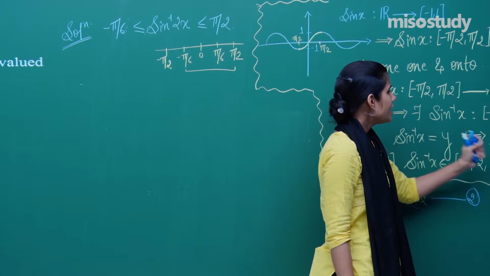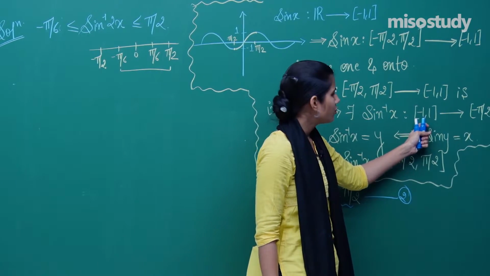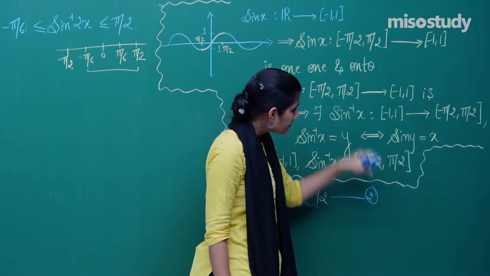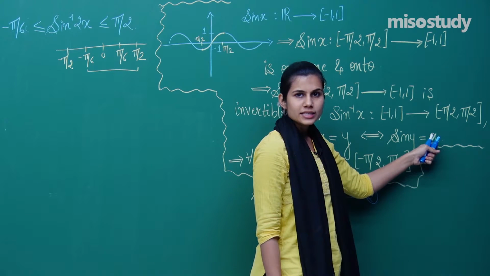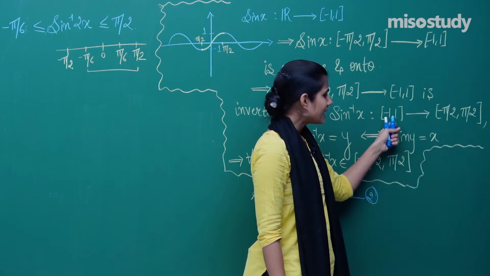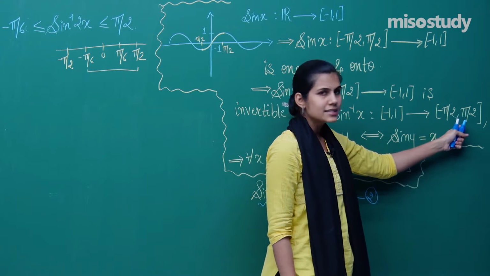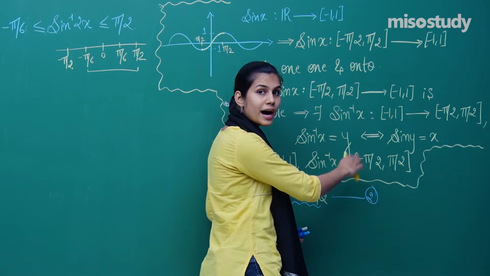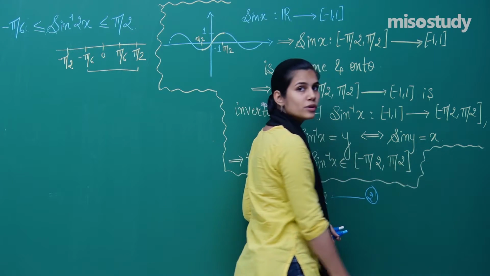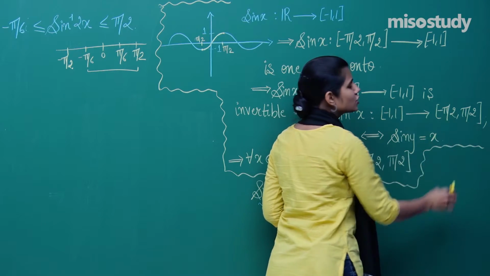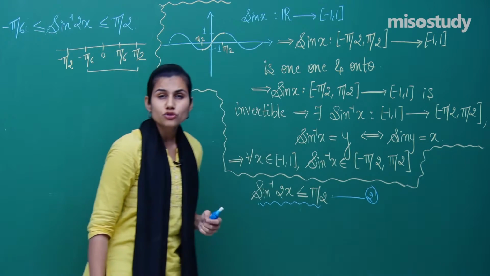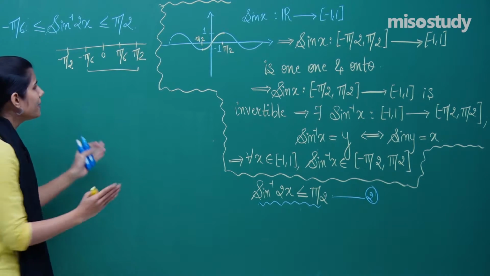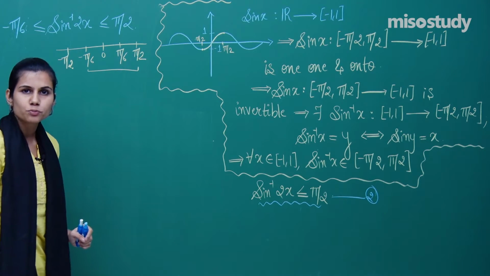whenever x belongs to minus 1, 1, in that case sine inverse x equals y implies sine y equals x, provided x is coming from this interval and y is coming from this interval. That means sine inverse x equals y can be written as sine y equals x, provided we are working in this domain and this range, which is true over here because minus pi by 6 to pi by 2 is very much in the interval minus pi by 2, pi by 2.